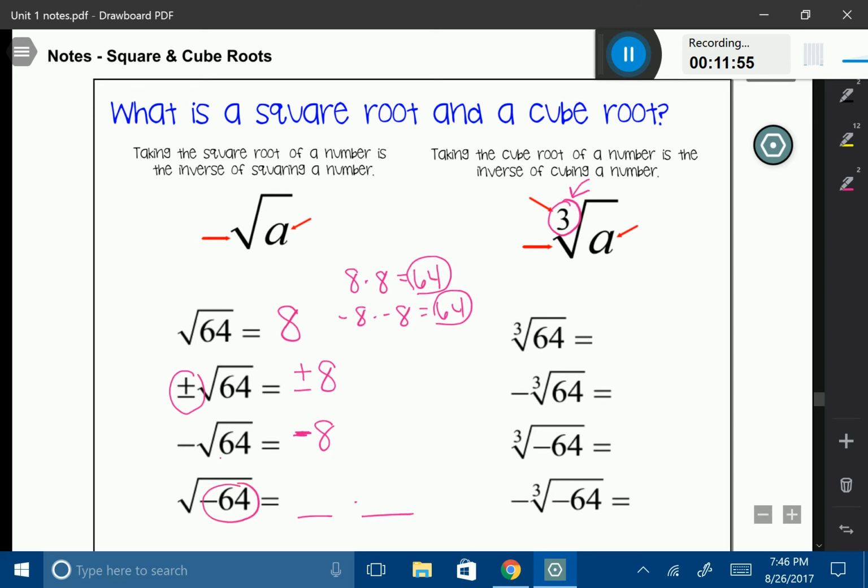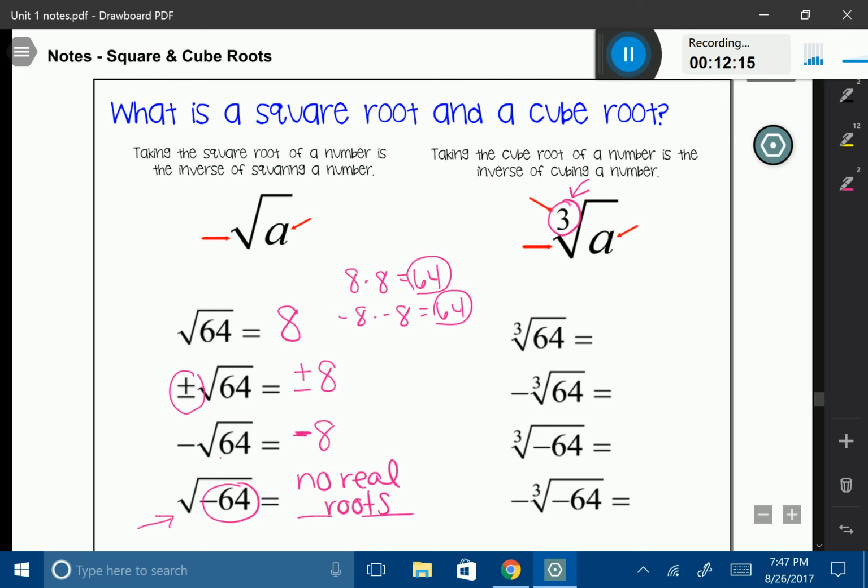Give it a try. There are no numbers. So what this means basically is we like to write no real roots exist here. Now, later on, when you get to Algebra 2, you're going to talk about imaginary numbers, and that will come into play in these types of problems.